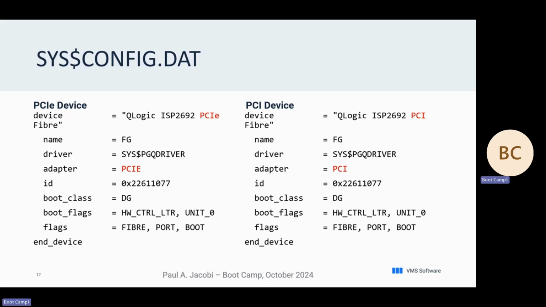And then I said, okay, let's look at the fiber channel port stats. And I did a show device FGA0. Status was offline. That's bad. That meant PGQ driver, somewhere in the thousands of lines of initialization code, found an error and said, I give up, I'm going to set myself offline.